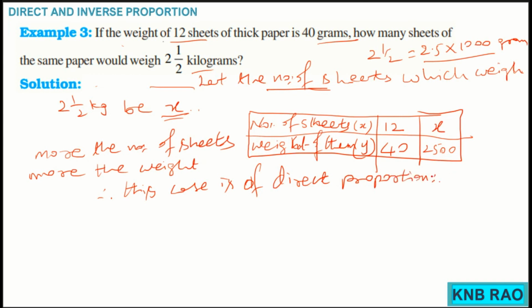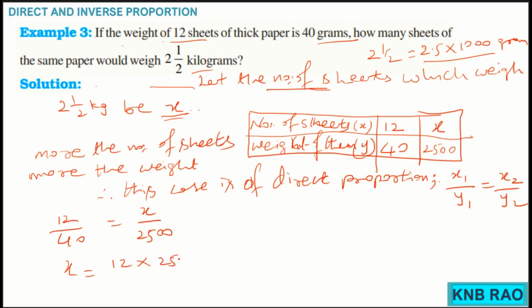Therefore we can consider x1 upon y1 equals x2 upon y2. Here 12 upon 40 equals x upon 2500. So x equals 12 into 2500 by 40. The 0 cancels, 4 ones are 4, 4 threes are 12, so 250 into 3 gives 750.